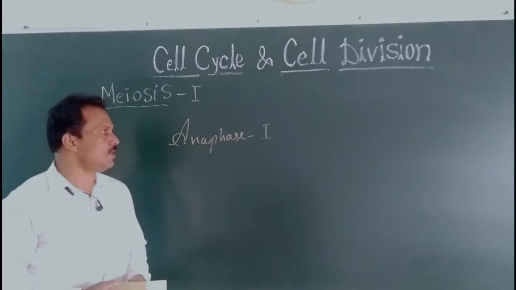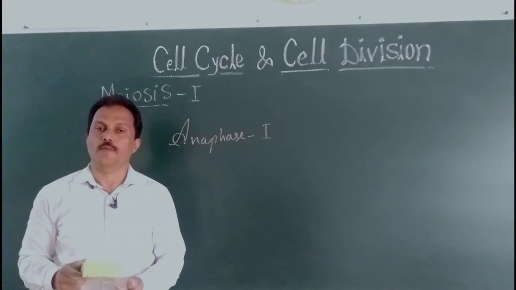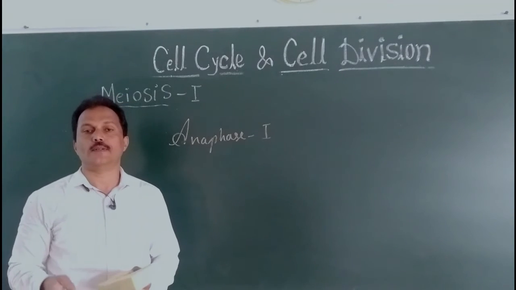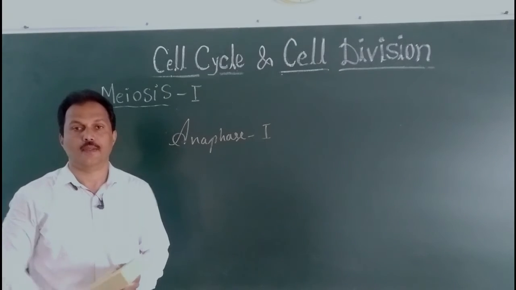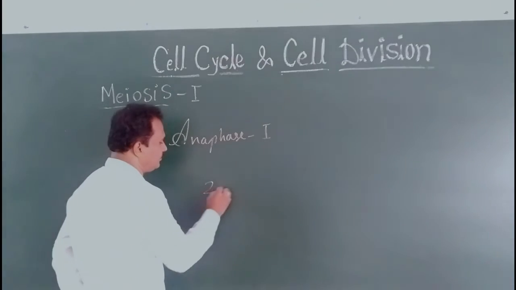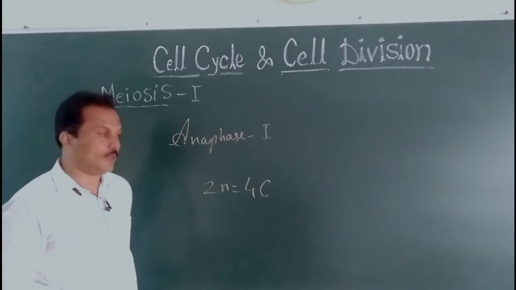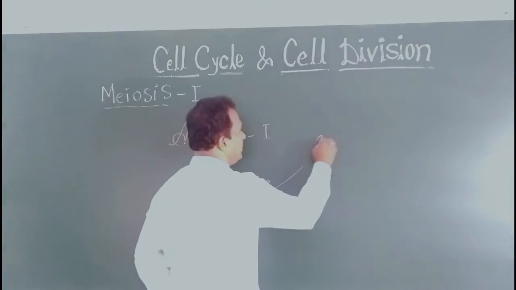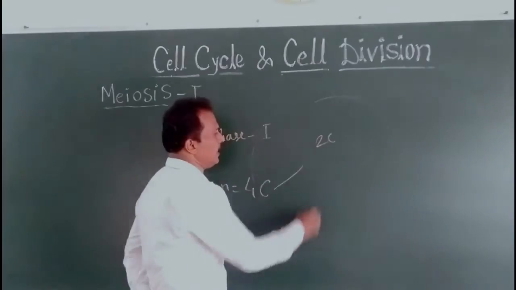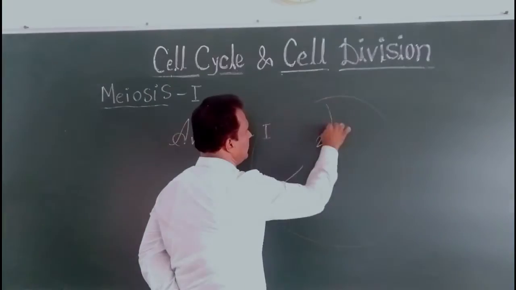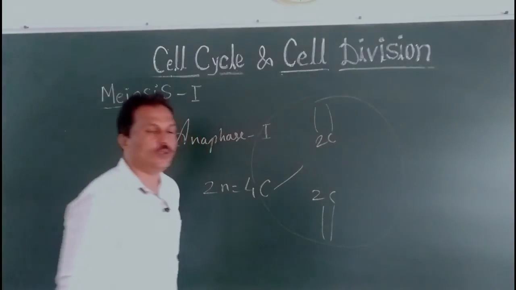We have seen this anaphase 1, the place where the chromosomes are divided into half. From 2n equal to 4c, 2c is carried towards this pole, and 2c is carried towards the other pole.